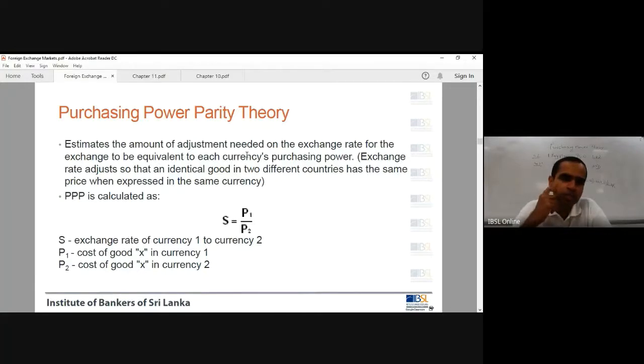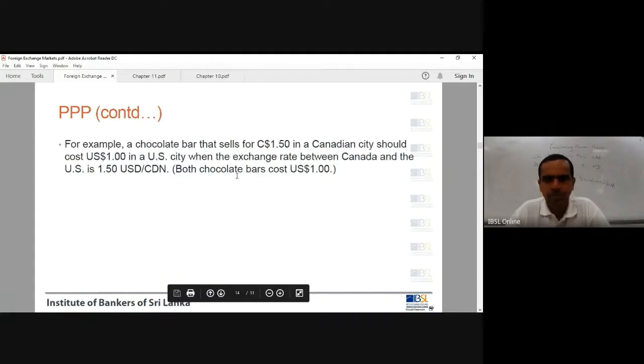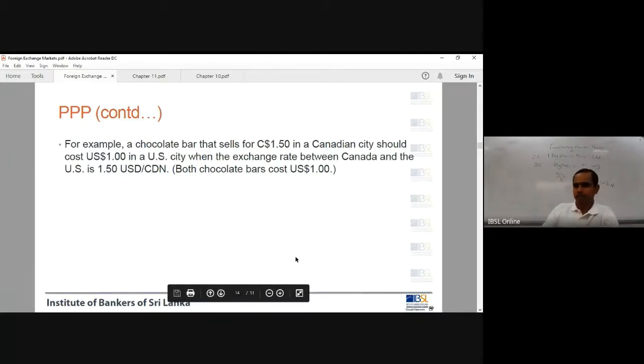Now, my question is, how do you decide which currency is stronger? Now, let's do the example and then we'll get back to my question. So let's read this example and try. Give it a try.